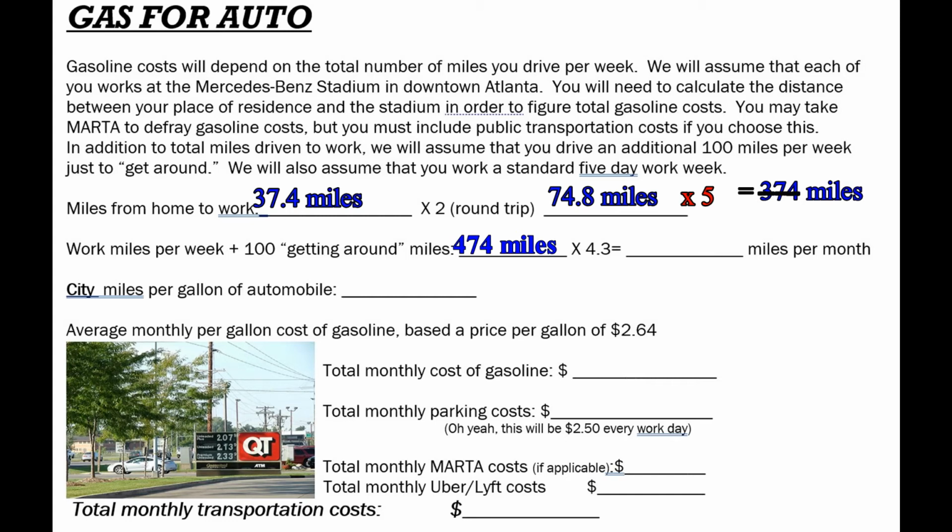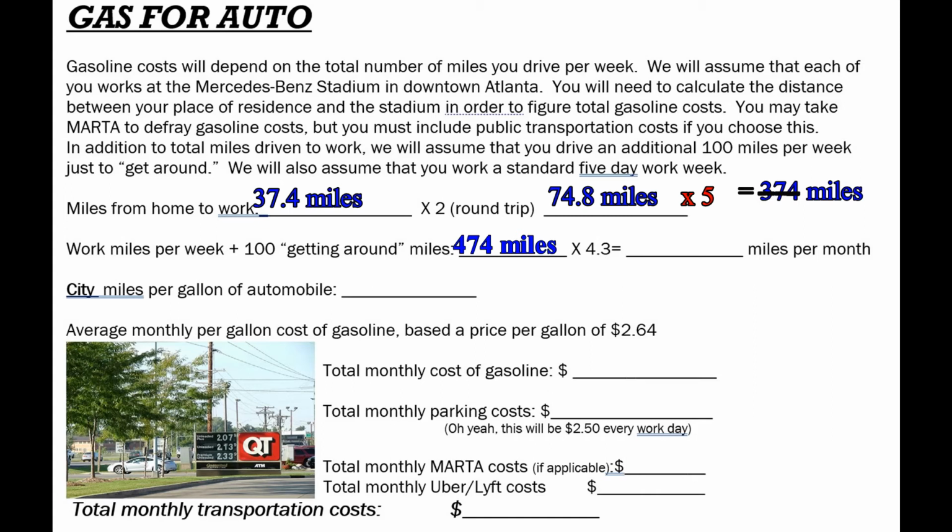Now, I am going to do this for 4 weeks, right? 4 weeks in 1 month. Now, one thing we didn't account for is the weekends. We still drive during the weekends. So this is why we're going to do this next portion. Once you get your miles per week with your 100 miles of getting around included, you are then going to multiply by 4.3.